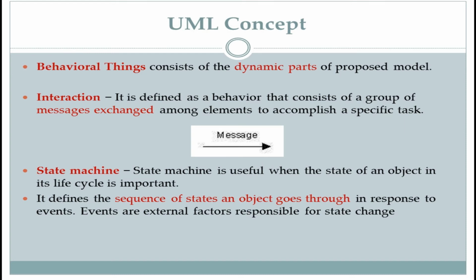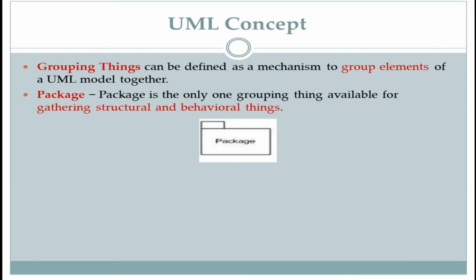Events are external factors responsible for state change. The graphical symbol for the state machine is this round-edged rectangle with the machine name or state name inside that rectangle.